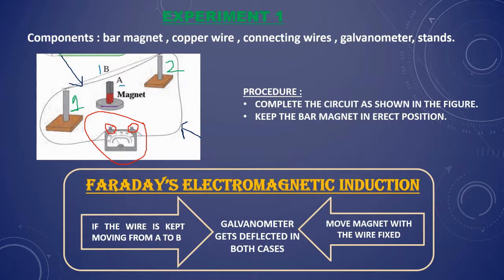That means when the wire is kept moving from A to B and when the magnet is moved with the wire fixed, there is some current produced in this copper wire. And this induced current is shown by the galvanometer when it gets deflected, and this process is known as Faraday's electromagnetic induction.